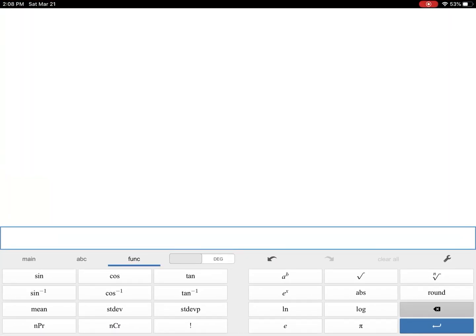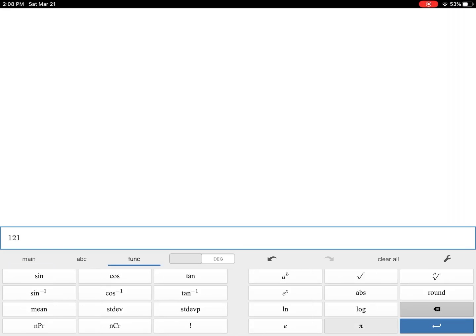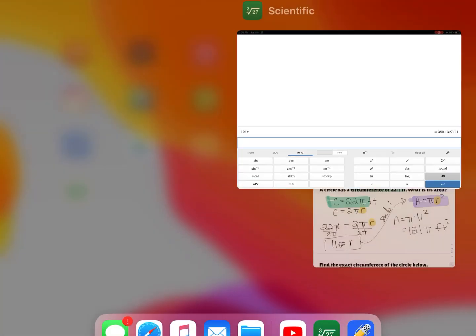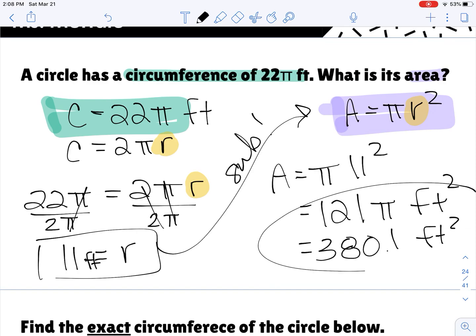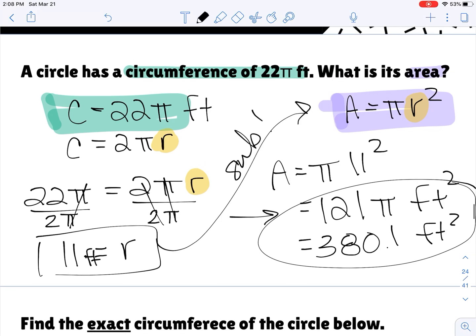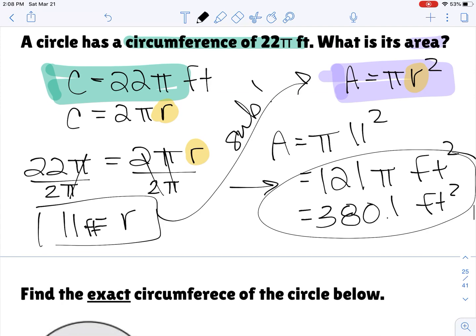And then if we wanted to round our answer, which would be 121 times pi, we get 380.1, rounded to the nearest tenth. 380.1 feet squared. It doesn't really tell us what to use, so usually when it doesn't tell you to round or leave in terms of pi, we usually go for the exact answer, which would be leaving it in terms of pi. But usually I would give you directions on which one you would need to do.